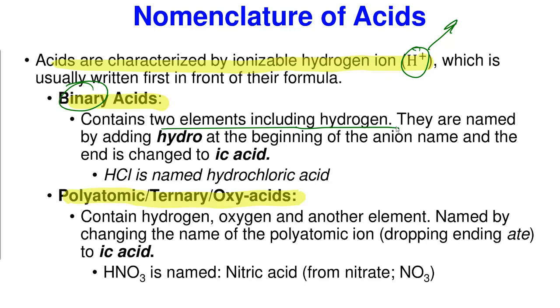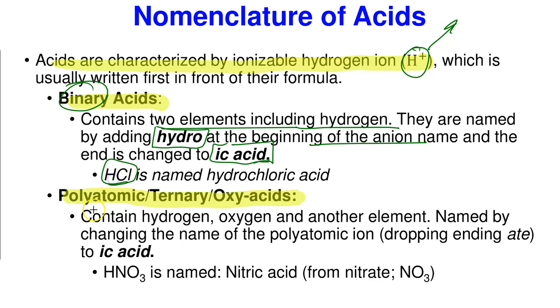Now, how do we name them? Like I showed you earlier in the flow chart. They are named by adding the word hydro at the beginning of the anion name, and then the anion ending becomes ic acid. The word acid, as their last name, always has to be there, right? See an example. There are 2 elements here, hydrogen first and chlorine.